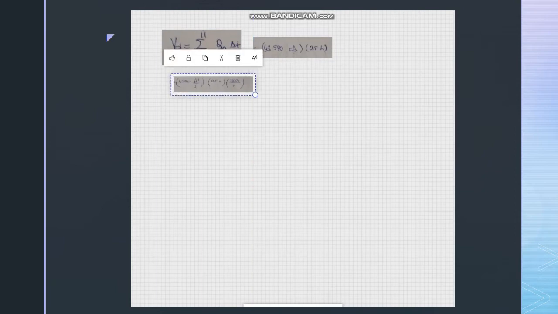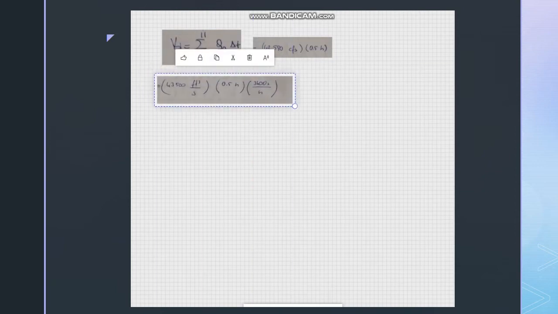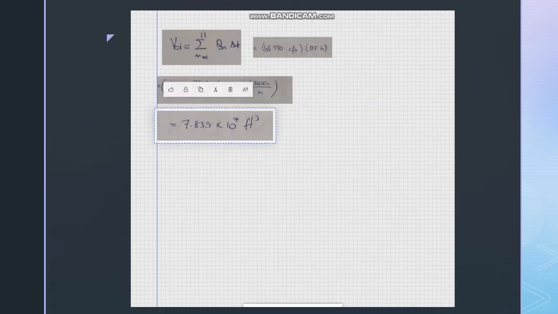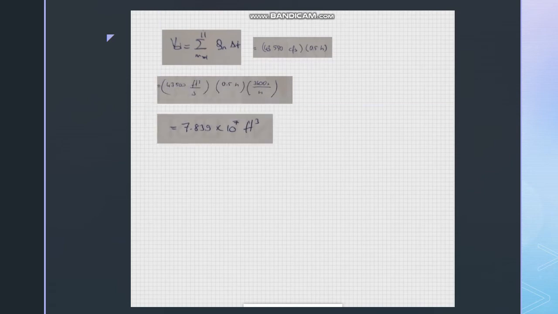For the unit conversion, hours need to be converted to seconds to cancel, so we multiply by 3,600, and the result is 7.839 times 10 to the power 7 cubic feet of water volume accumulated on this storm hydrograph.